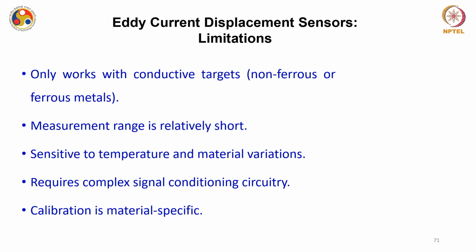And they require a complex signal conditioning circuit. The signal conditioning circuit associated with this kind of device is very complex, and of course you do not need that kind of complication, particularly for signal conditioning. The biggest disadvantage of this kind of device is they require calibration frequently, and this calibration is material specific.